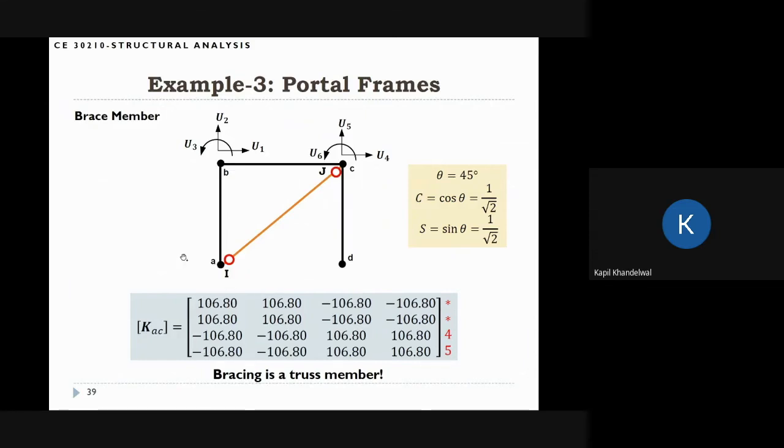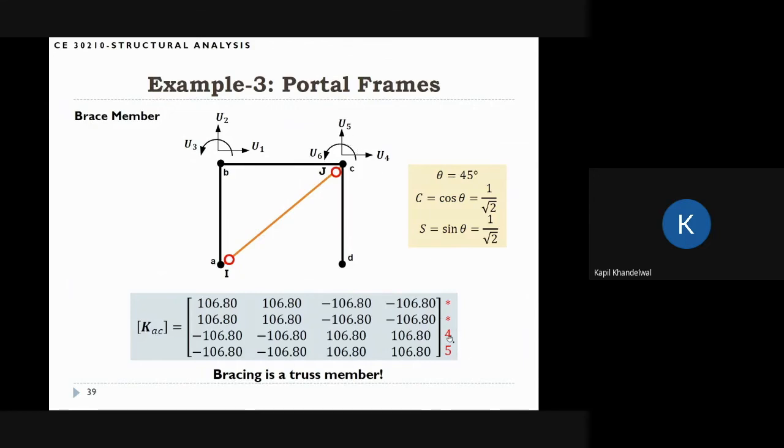Again, I'm not interested in the I node degrees of freedom. The J node degrees of freedom that are affected are 4 and 5. So this will be UI, VI, UJ, VJ, and UJ, VJ are 4 and 5. The truss member does not have a rotational degree of freedom, so I don't have to worry about U6 here. The truss member is only going to be affected by U4 and U5.